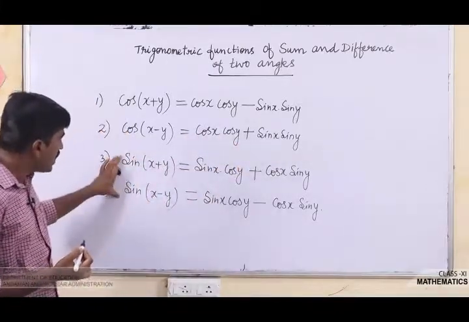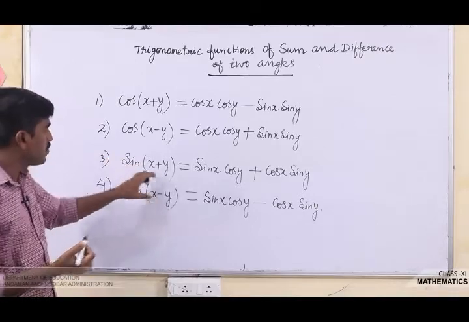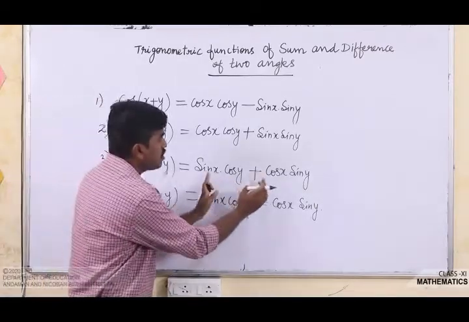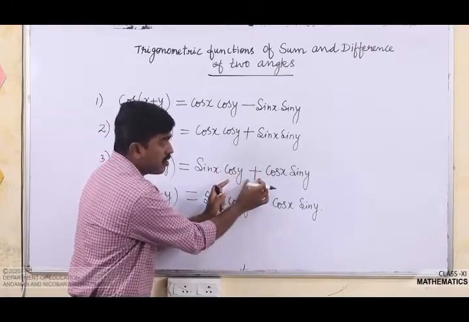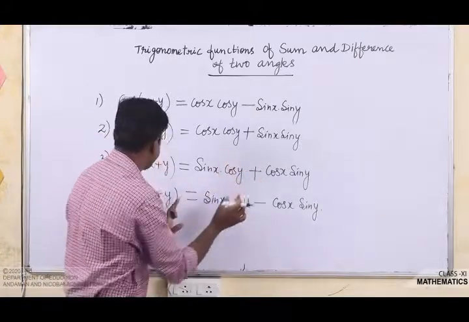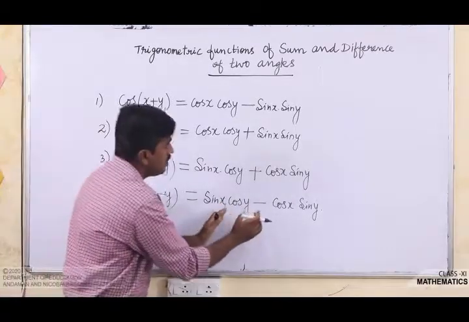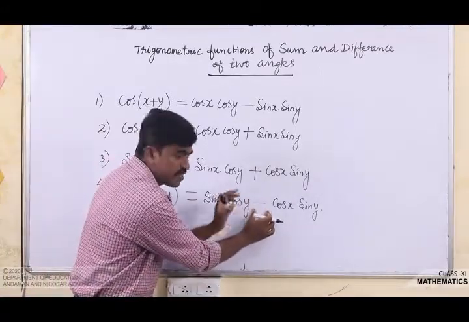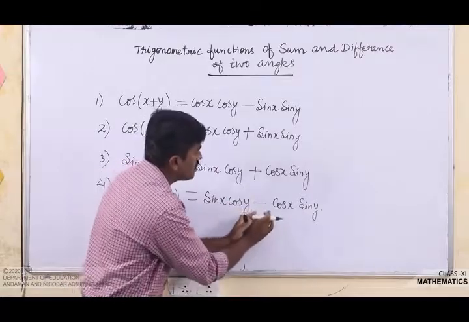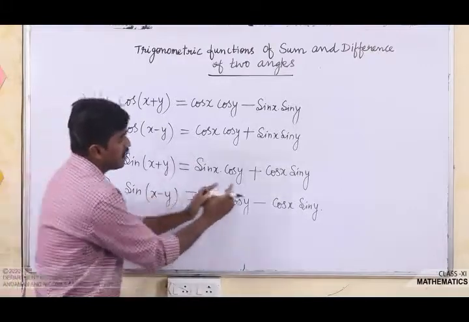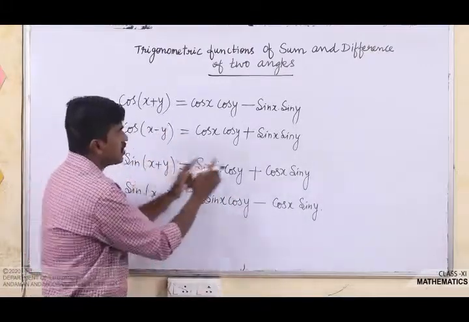Now, in the case of the sine function, sin of x plus y is the sum of two angles, and in this formula also there is a sum in the two terms. And if it is the difference of two angles, then here also the difference is there. That means sin x cos y minus cos x sin y. So minus here, minus here, plus here, plus there.